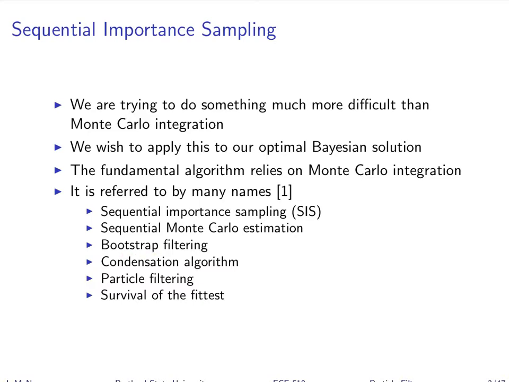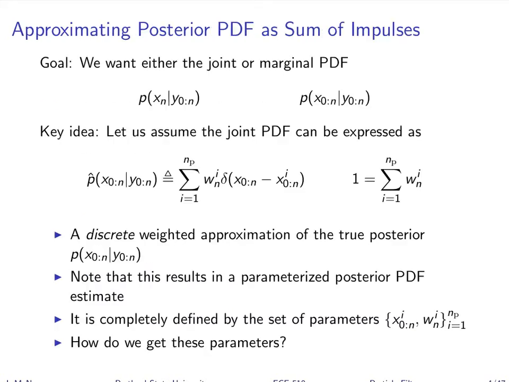Condensation algorithm was an early name, as was survival of the fittest. But particle filtering, sequential Monte Carlo methods or estimation; sequential importance sampling is usually used to describe a specific type of sequential Monte Carlo algorithm or a particular particle filter. So just a little bit on the terminology. It's a little confusing, but it's gotten a lot better with time. Particle filters and sequential Monte Carlo methods are the two most common.